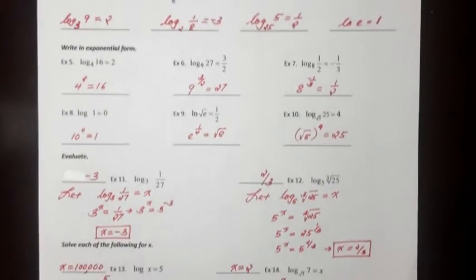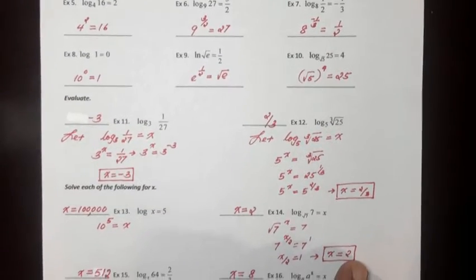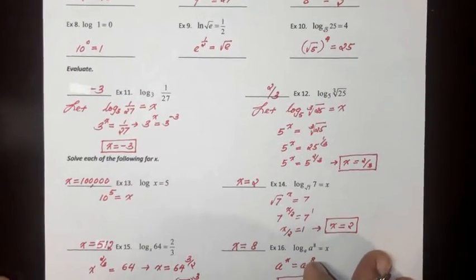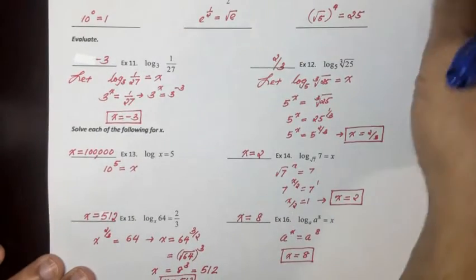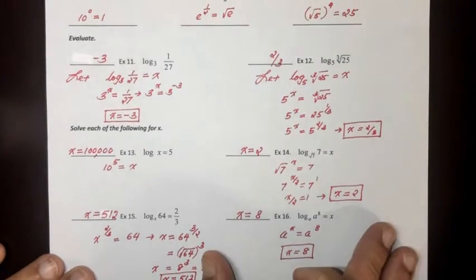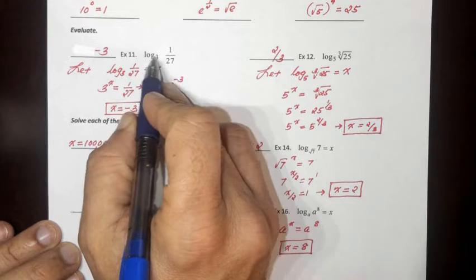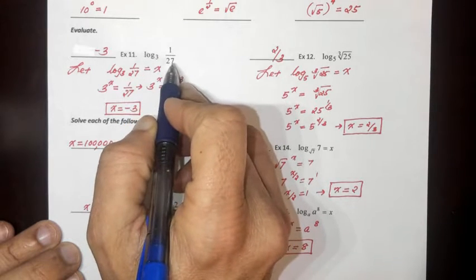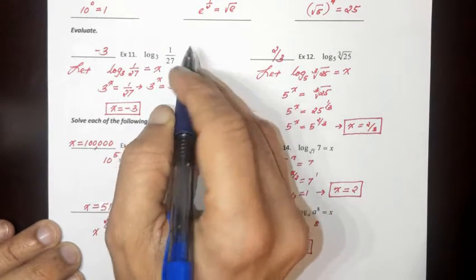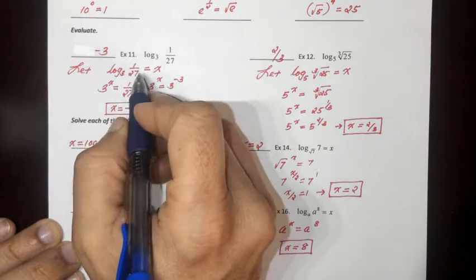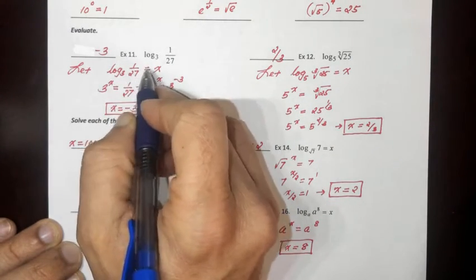Okay, now a few questions in which we need to evaluate the log equations. First thing in here is log 1 over 27 to the base of 3 is equal to what? So let's suppose log 1/27 to the base of 3 is equal to x.